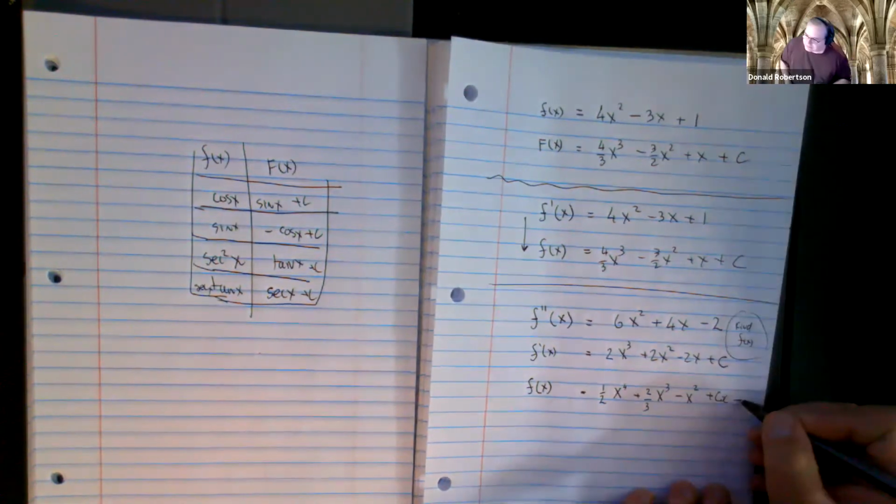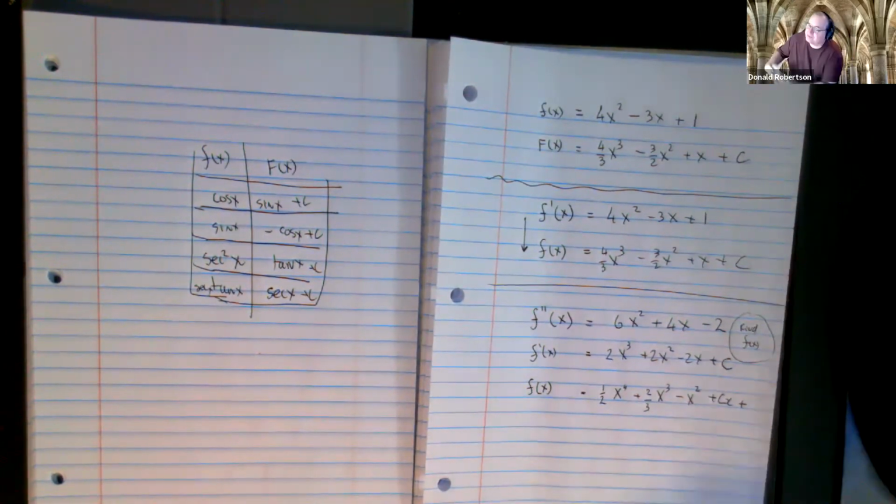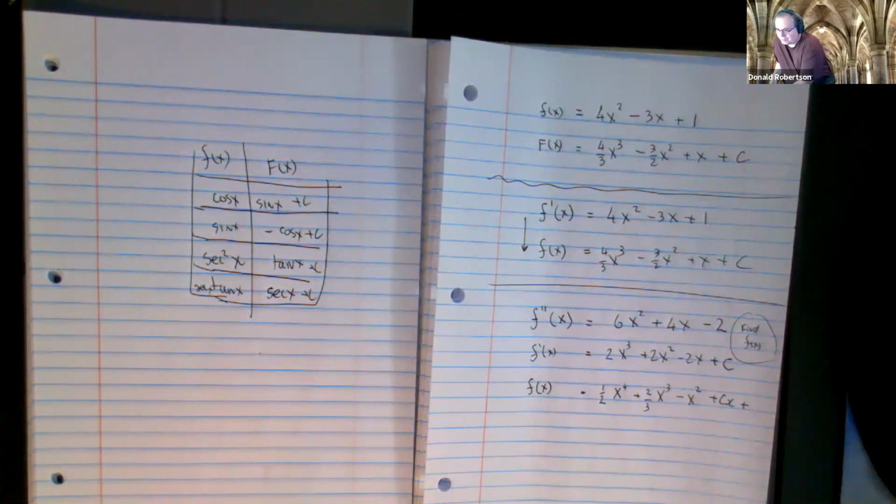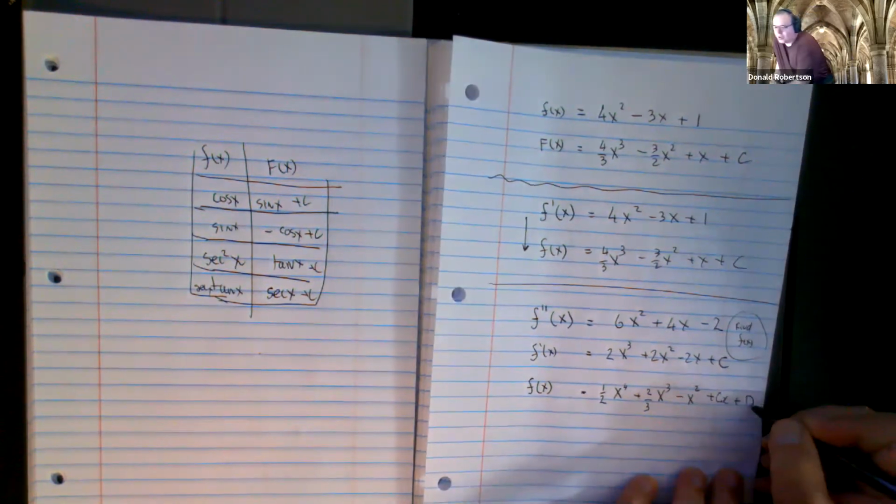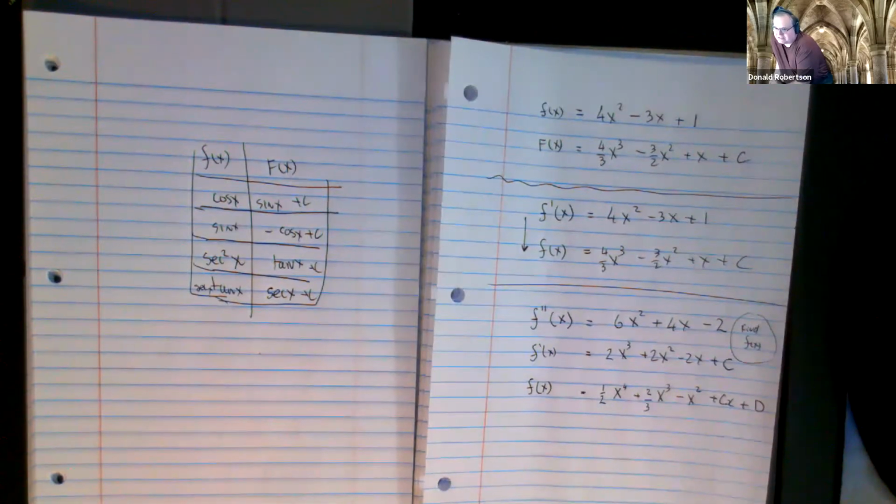And now we have to add, because every time you do an antiderivative, you have to add what's called the arbitrary constant. I am not going to say plus c. Why do I say plus d? C and D can be different. Every time you do an arbitrary constant, could the c be 5, but the d could be 22?